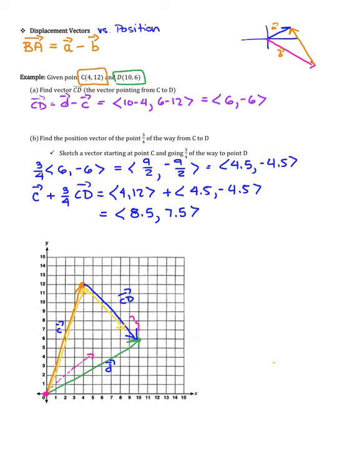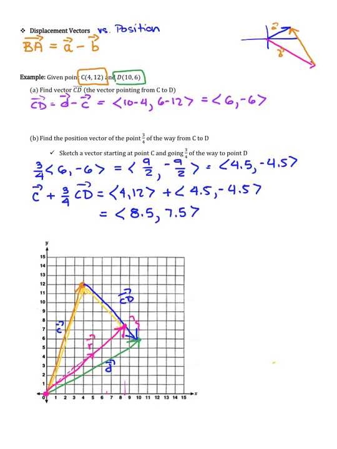Well, let's see how our approximation went. So we want to go out to 8.5 and up. Whoops, 8.5 is here. 7.5 is about here. Wow, look at that. I was almost spot on. Boom! That would be our position vector.